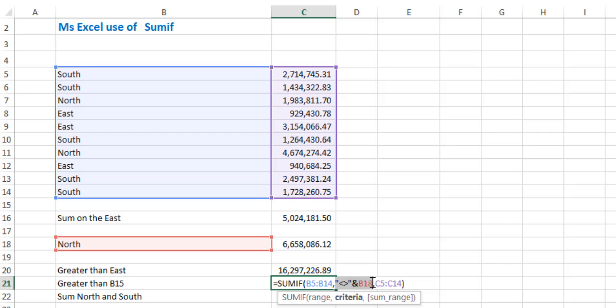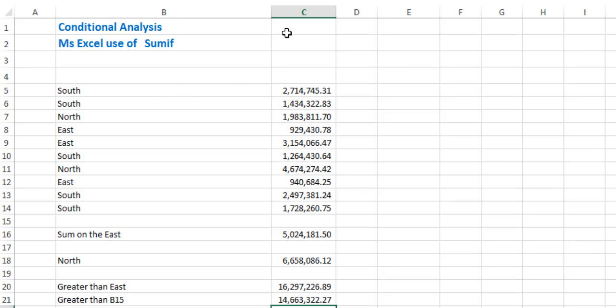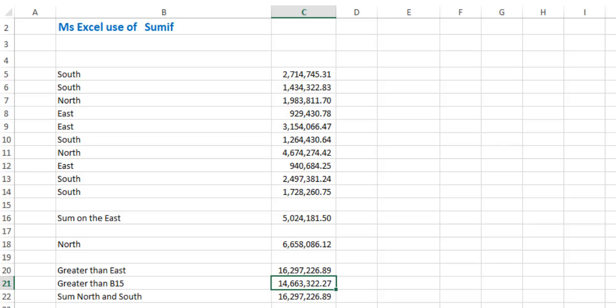We tell Microsoft Excel to find in this range this not equal to condition and this B18, and B18 is north. So get the data in this range if this condition is satisfied. So this is how we can comparatively analyze our data, and I hope you learned this. If you have any question, please don't forget to ask me about this.